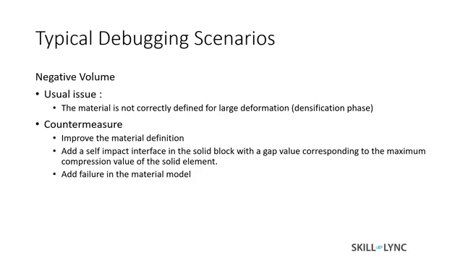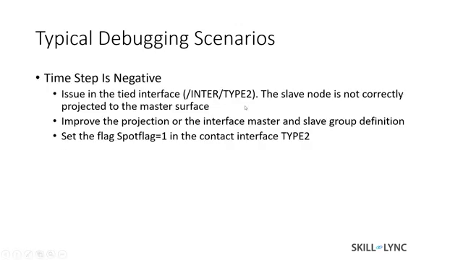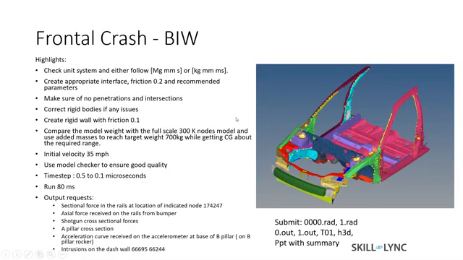But in case you still feel that negative volume is an issue, then you can take care of those things in the first place itself. The negative time step can be mainly because of the spot flag in your contacts. If you set it to 1 in interface type 2, then it should not have much issue.